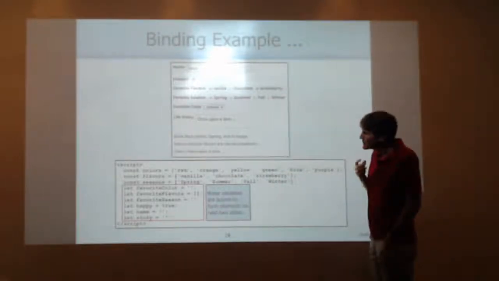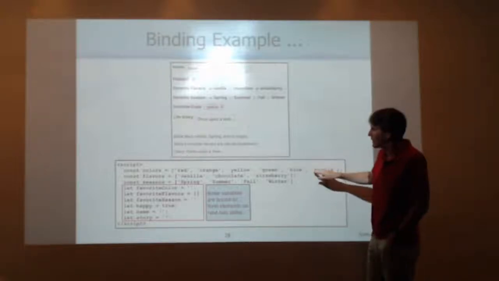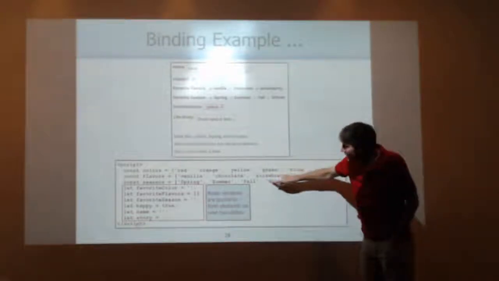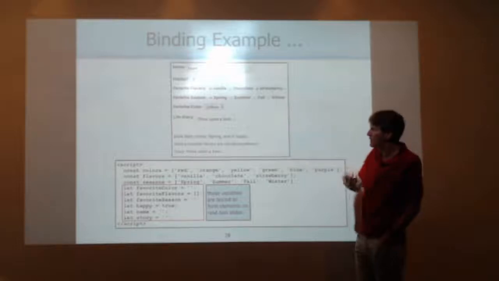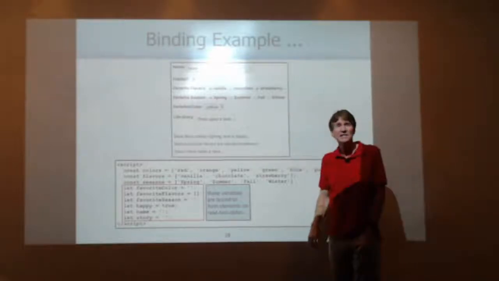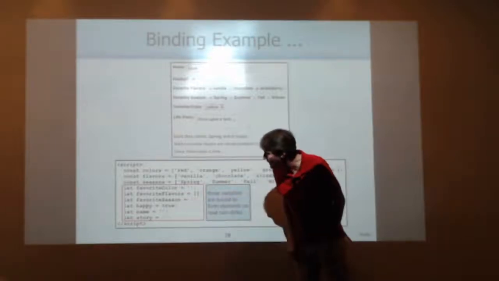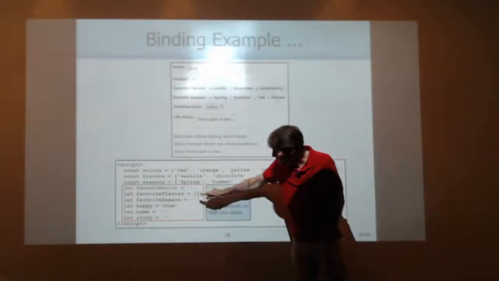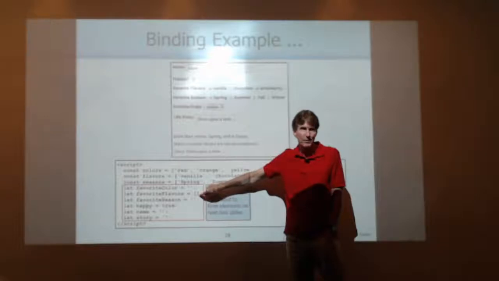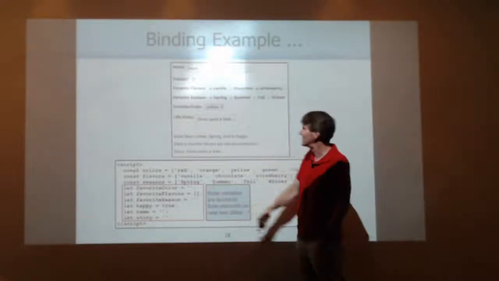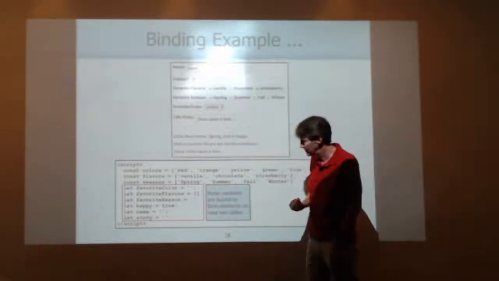So down in the JavaScript for this component, I have this array of colors, an array of flavors, an array of seasons, and now I want to create all of this UI. The state for this component is all of these variables, and so you see the values that they start off with. I want to especially point out flavors. Remember I said that's all the ones I've selected because those are the checkboxes.